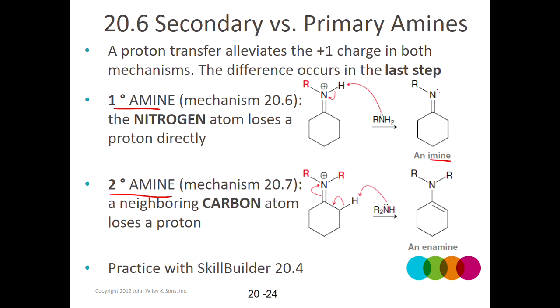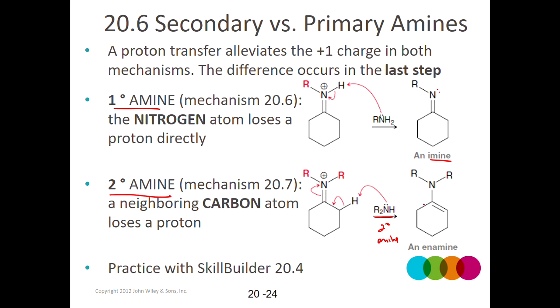If I start with a secondary amine, then the nitrogen only has one proton attached to it. And when that's removed earlier in the mechanism, prior to the last step, I end up with this molecule. So what would happen would be probably another fresh molecule of the secondary amine. That's probably the best base we have around. It would pick off a proton beta to this C-N bond.